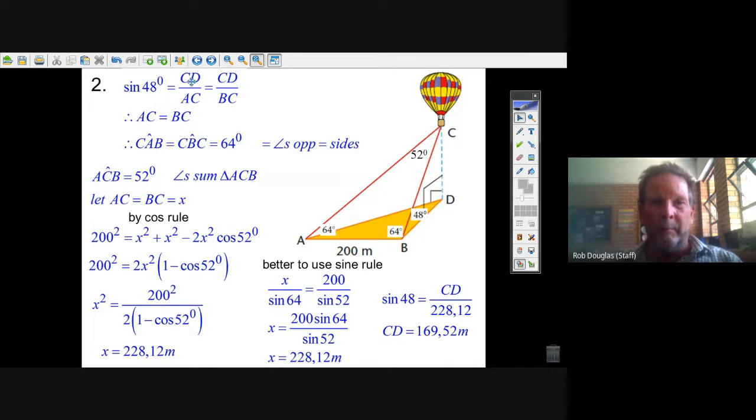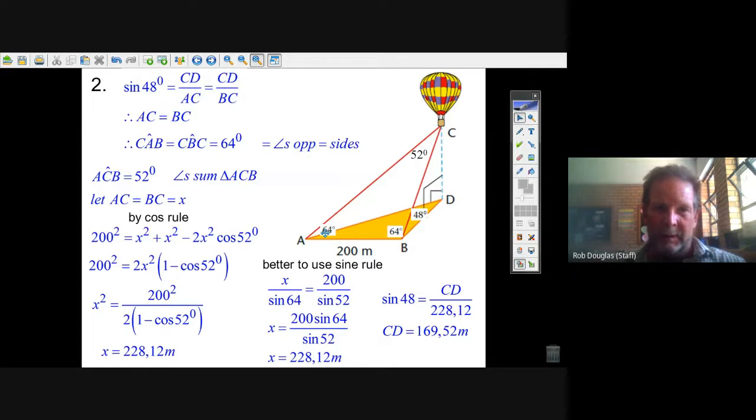They both have an opposite side of CD. The only way both could be the sine of 48 degrees is if AC and BC also equal each other. Otherwise, the fractions wouldn't be the same. If they have the same sine ratio, the only way that could work is if the two hypotenuses were the same.